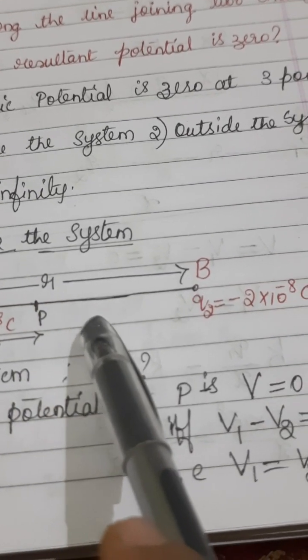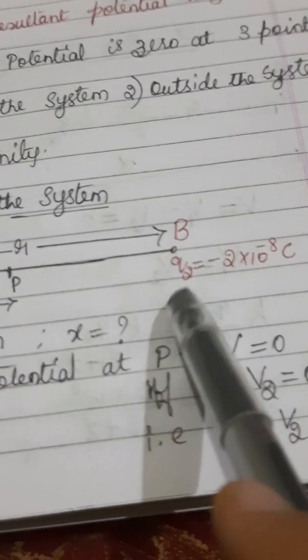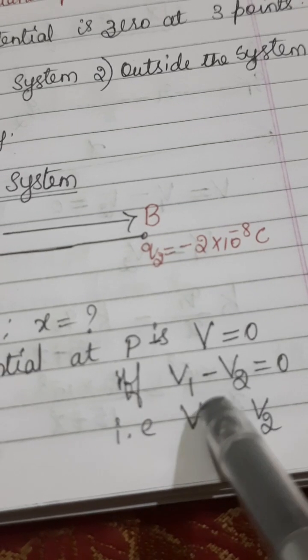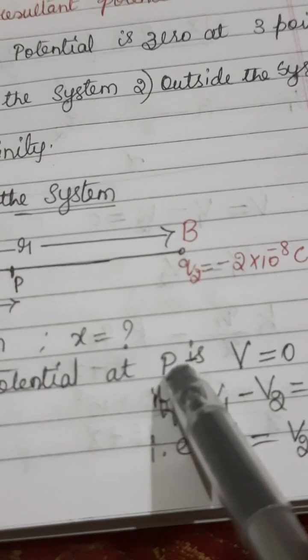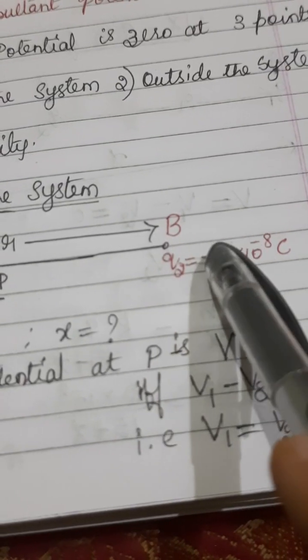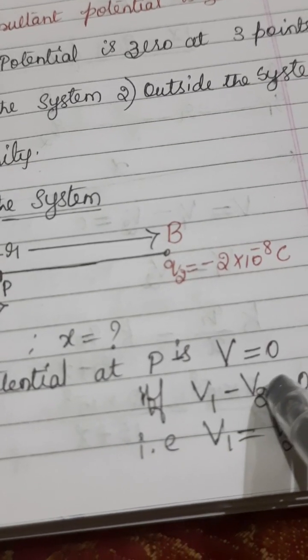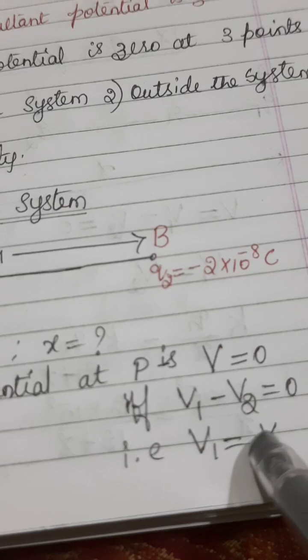Total potential is 0 is possible only if these two charges Q1 and Q2 produce potentials that are equal and opposite. So V1 minus V2 is 0. V1 is due to positive charge, so let it be plus V1, and V2 is due to negative charge, that's why plus minus V2. So V1 minus V2 is 0 means V1 should be equal to V2.